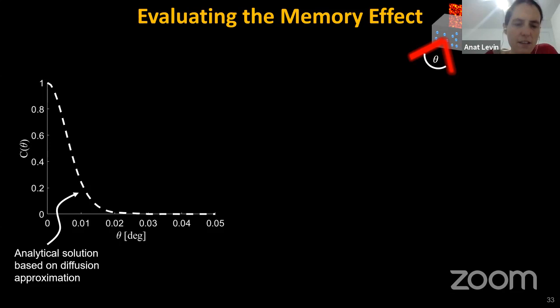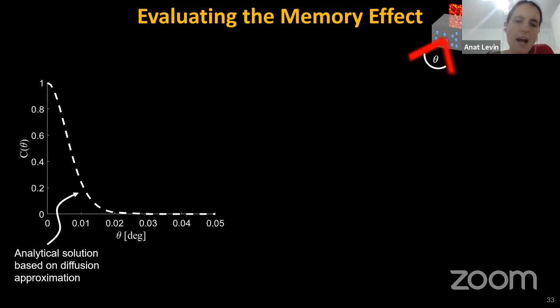Now, I should say that in the optics literature, there is one analytical result which describes how the speckle correlation decays as a function of angle, but it's based on what is known as the diffusion approximation. The diffusion approximation is valid when the scattering layer is very thick, so that particles scatter multiple times, and by the time the light comes out of the tissue, it has no angular information.